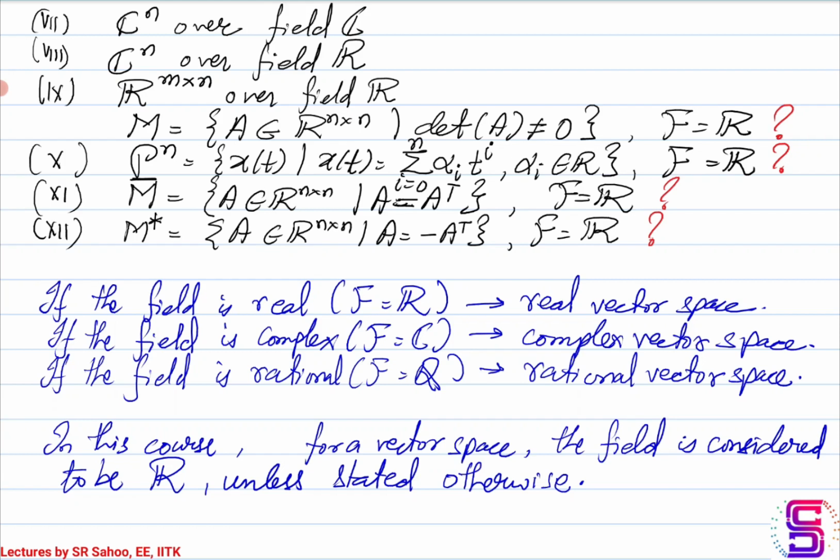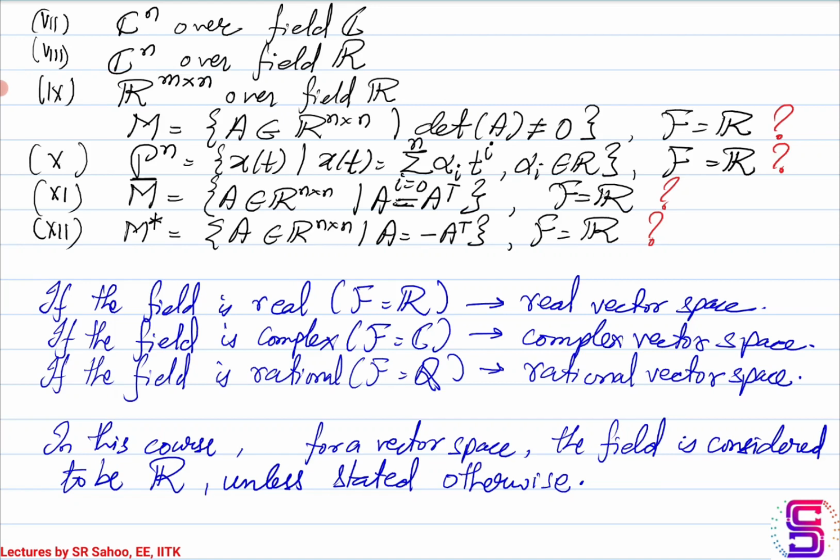The next example is the set of n cross n real matrices which are non-singular. That is, the determinant of A is not equal to 0. The corresponding field here is R. Is this going to be a vector space?